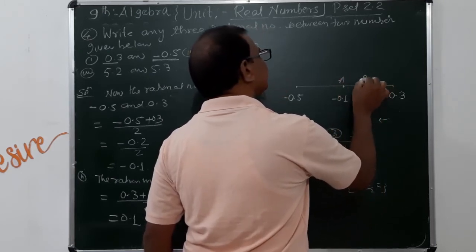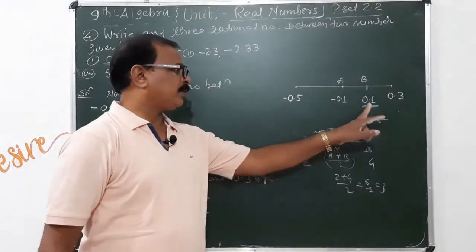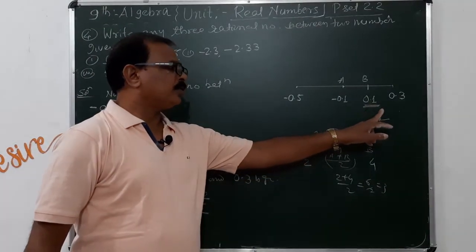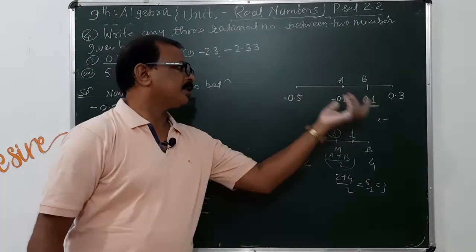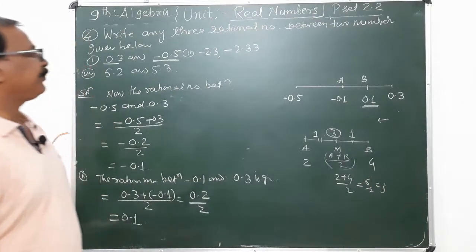Suppose this is A and B here. These are the two points, these are the two numbers. Minus 0.1 and minus 0.2 are two numbers in between minus 0.5 and 0.3.